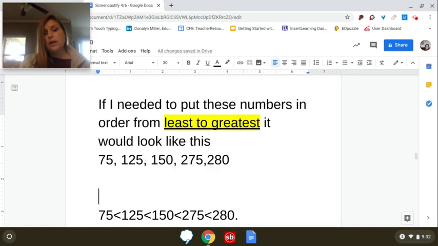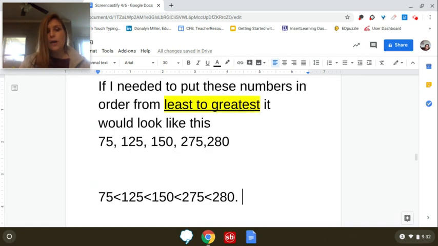I know that all of this is a review for you, but I want to show you also ordering and then using it in a comparative language sentence. So I have put these numbers, and then I have used my greater than, less than sign to signify which one is greater or less than, either way you want to look at it.